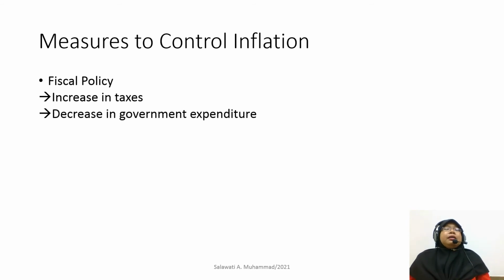The next, using fiscal policy, government can decrease government expenditure. A reduction in government expenditure will directly affect government demand. The government will cut the salary of all civil servants and postpone its development projects to reduce the purchasing power of the public.